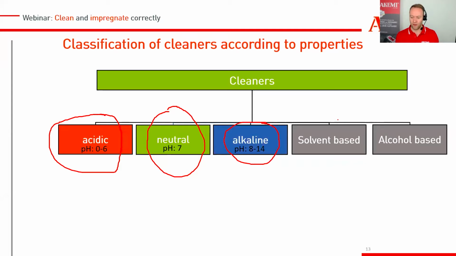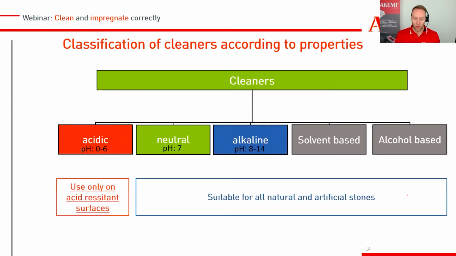There you need solvent-based cleaners, and alcohol-based cleaners are there as well, usually for tool cleaning and preparation of stones which you want to impregnate, or for bonding, for example. We come to that later.